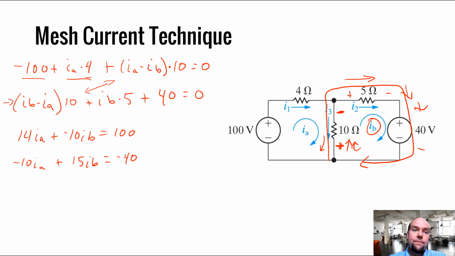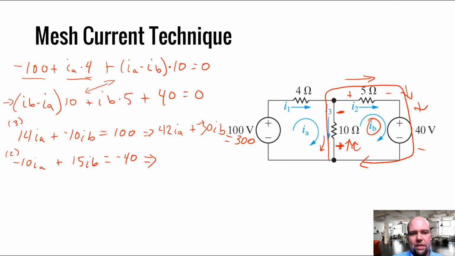Okay, now you know me, you know how I like to get rid of my variables. So I'm going to multiply this equation, both sides, by a 3, and this equation, both sides, by a 2. And when I do that, I get 42 IA plus negative 30 IB equals 300.